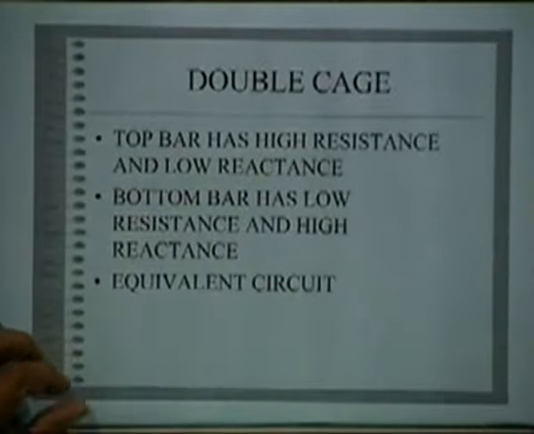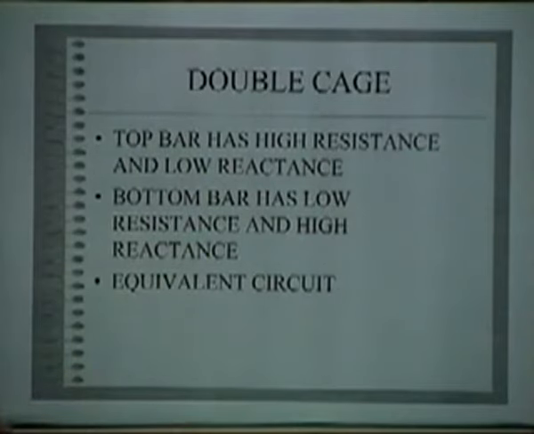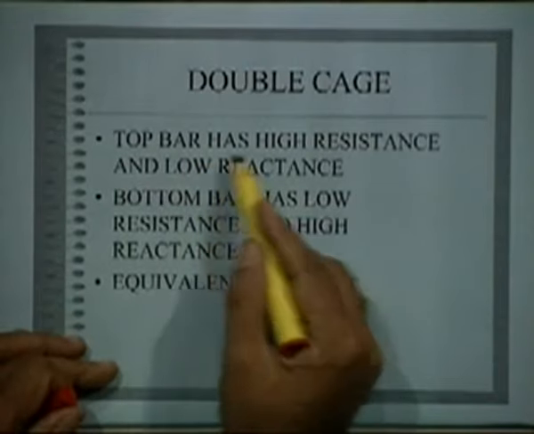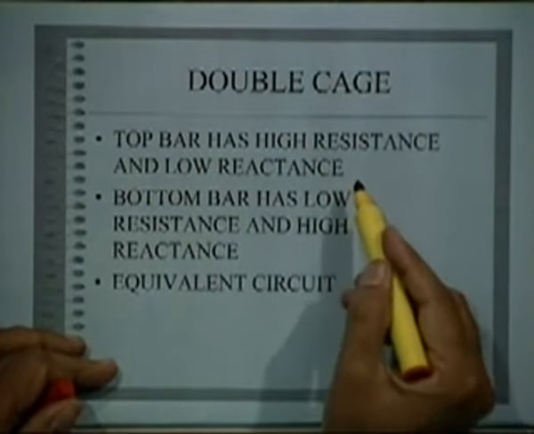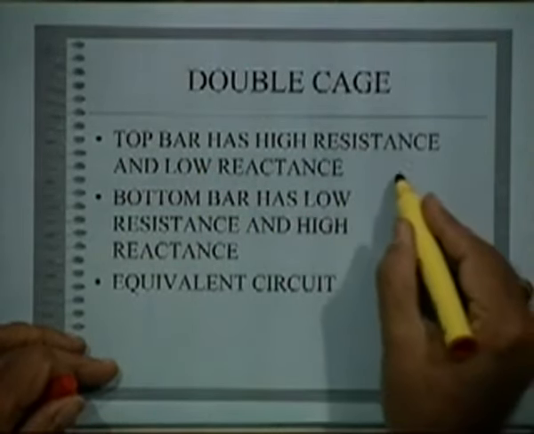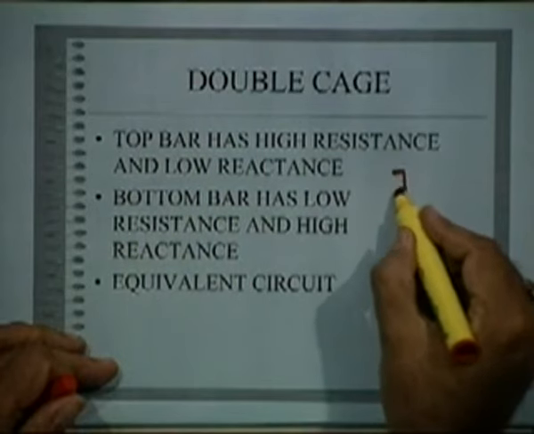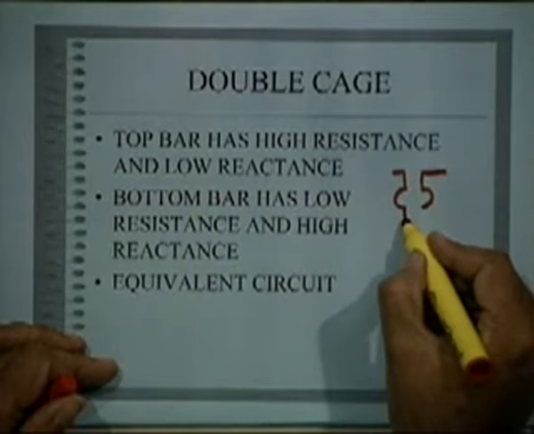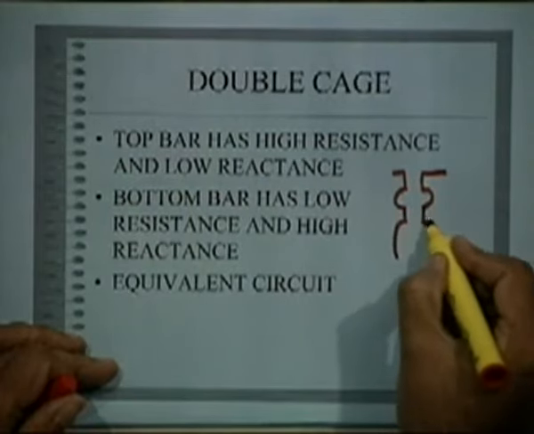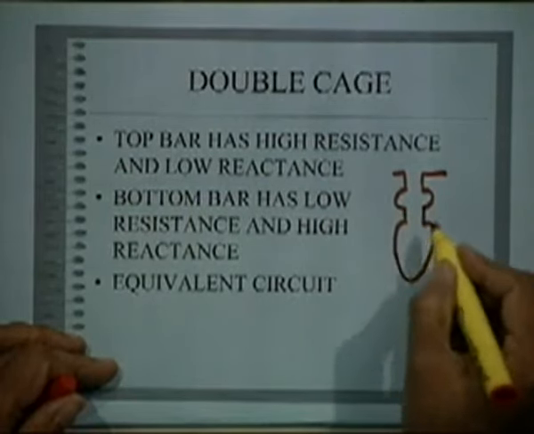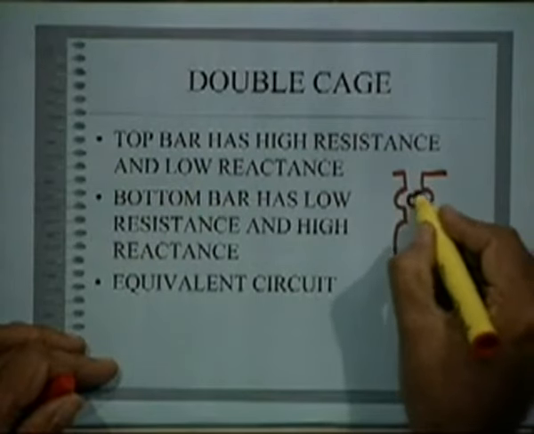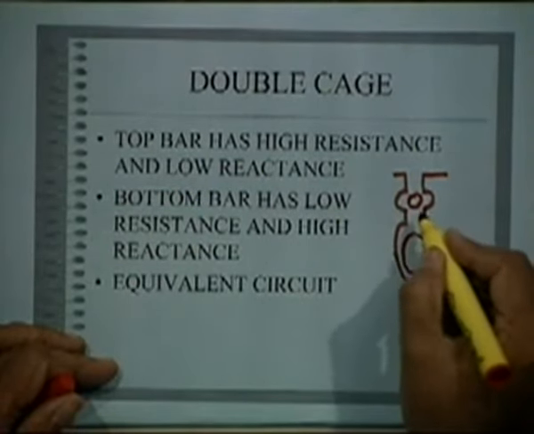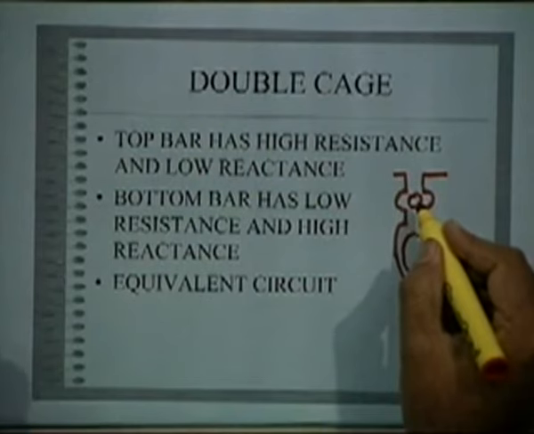Just 1 minute. Now that means, to sum up, in a double cage, the top bar has high resistance and low reactance, because as we have said, this is a double cage, and that means you make it thinner.